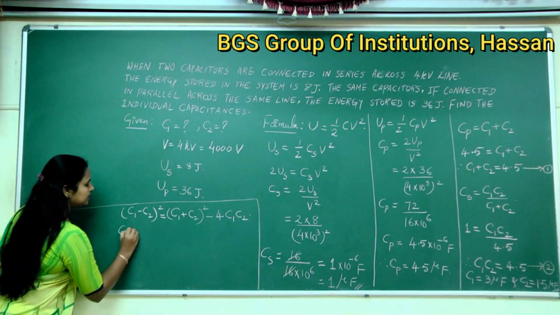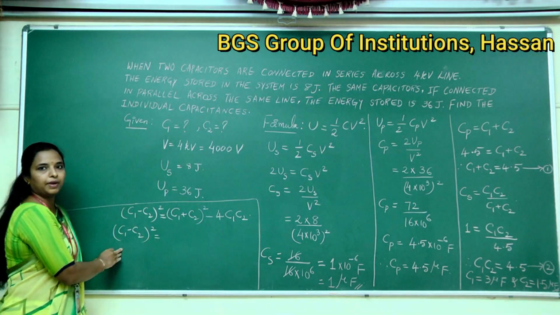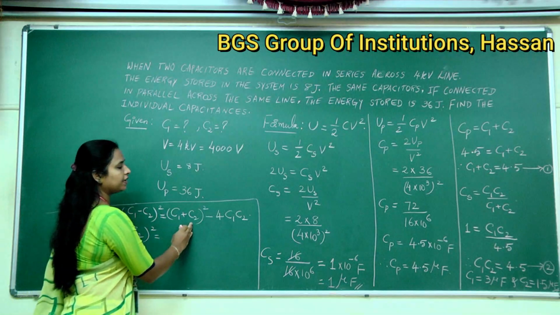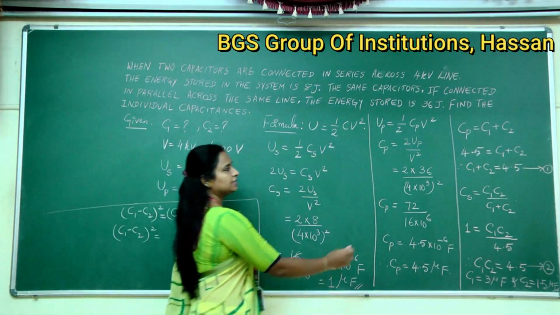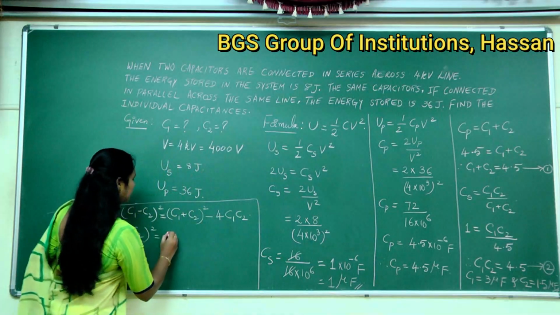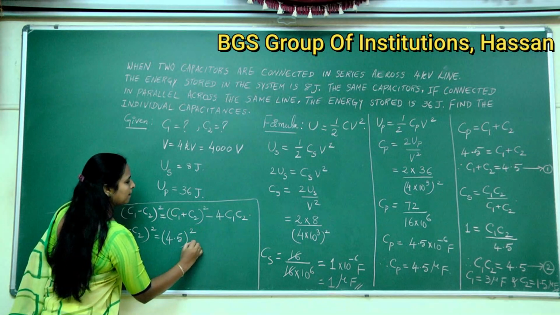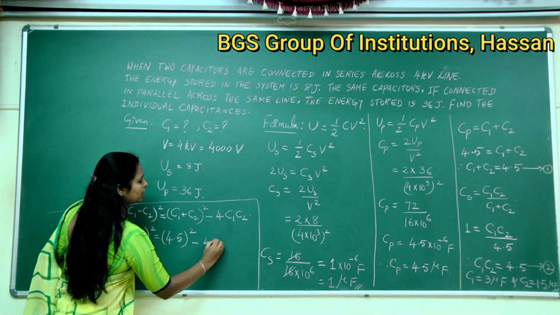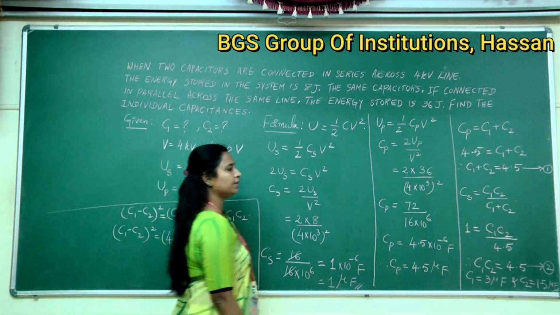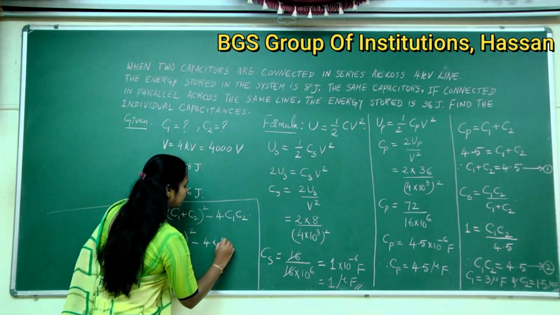Look, C1 minus C2 whole square, we don't know the value, so copy as it is. What is C1 plus C2 whole square? C1 plus C2 is 4.5. So 4.5 whole square minus 4 into, what is C1 C2? C1 C2 is also 4.5.